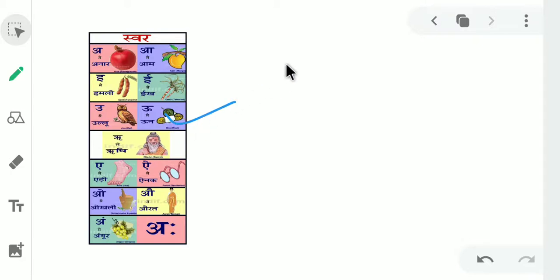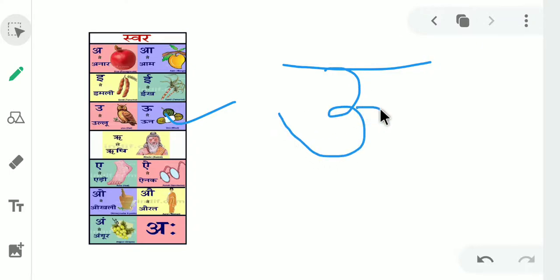Now oo, you can write it like this. Please practice again and again so that you become perfect in writing these terms. Okay, so this is oo.